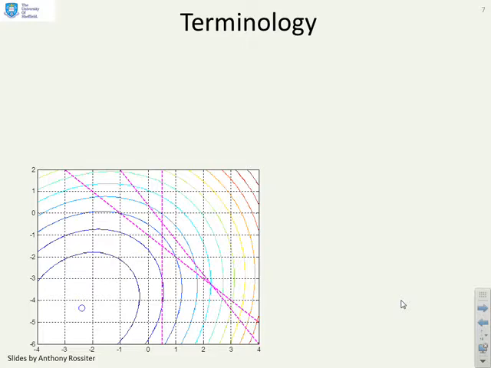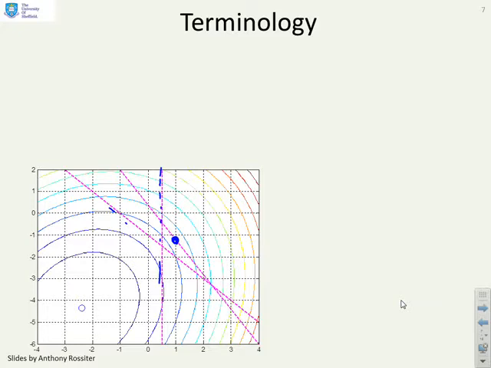In this example here, you'll see I've got three constraints. The constraints are given by these dotted lines here, and what I'm looking for is where is the constrained optimum. Now clearly, in order to meet all of these constraints simultaneously, I'm going to end up somewhere like this.